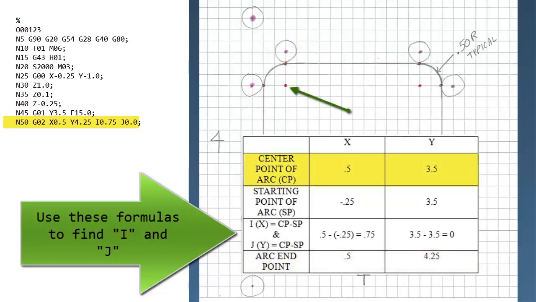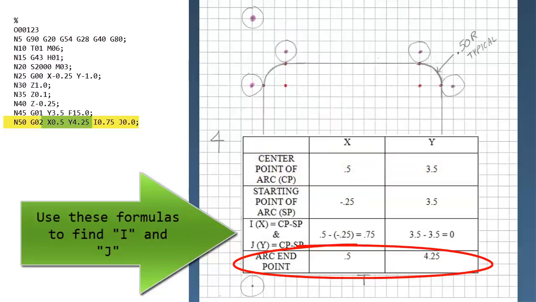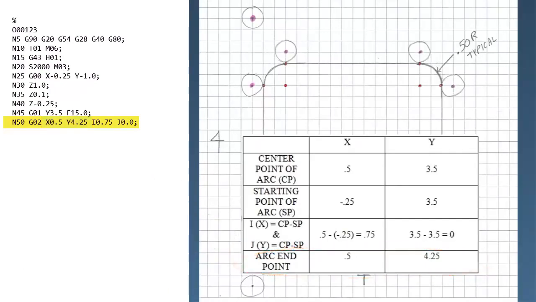Notice that in block 50, after the G02 command, we have the arc endpoint, which is X 0.5 and Y 4.25. Also keep in mind that this arc endpoint is from the middle of the cutter.